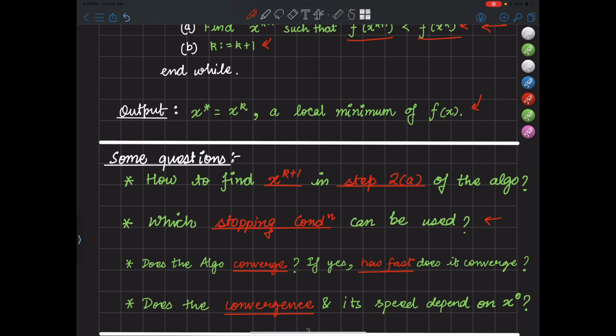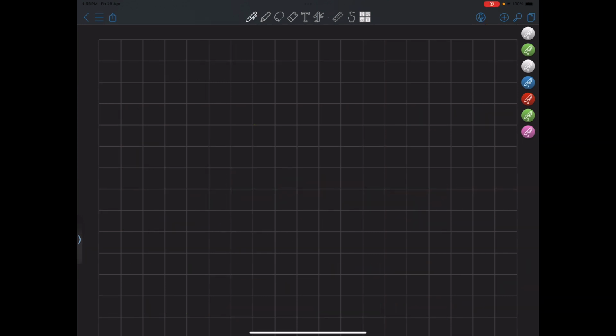In today's lecture, we'll try to answer some of these questions, and we'll keep refining the unconstrained minimization algorithm so that it formally answers these questions. So with that, let's start with today's lecture.